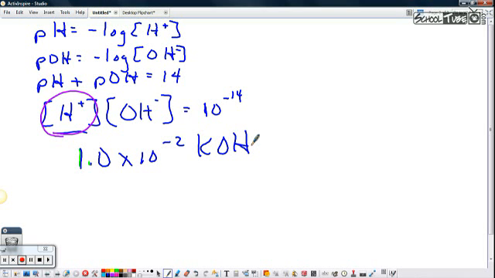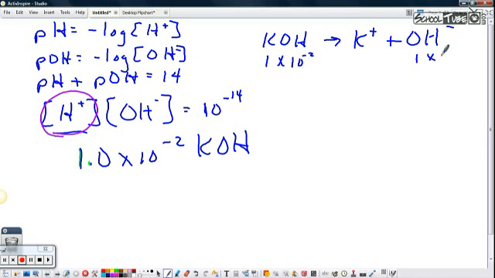Well, we have to look at our chemical. If we look at that chemical, KOH is going to yield K plus OH minus. And if this concentration is 1 times 10 to the minus 2, then this one is 1 times 10 to the minus 2 moles.